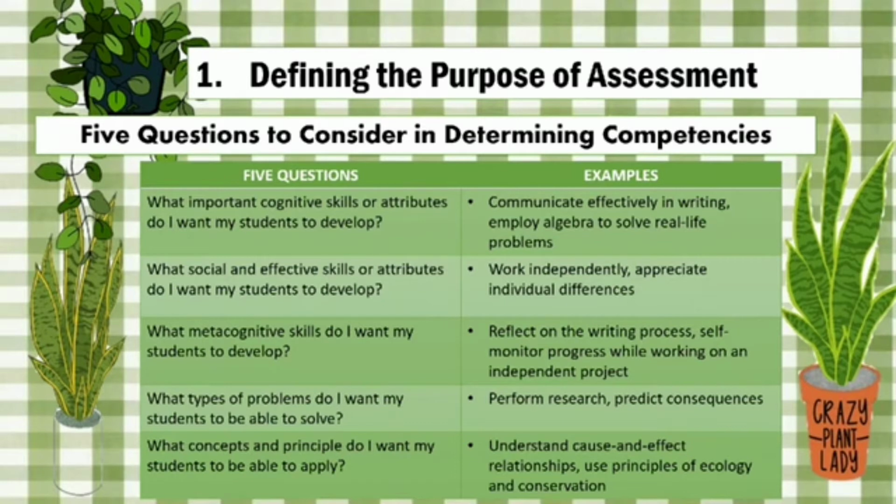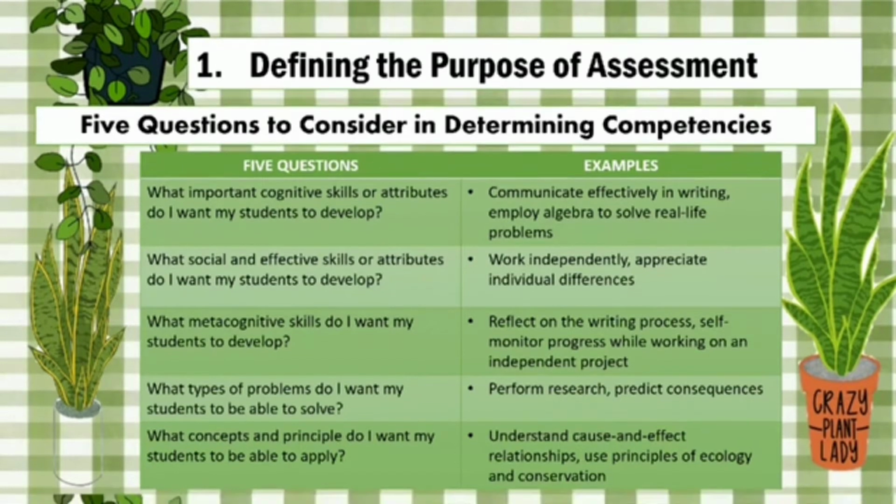Number 4, what types of problems do I want my students to be able to solve? Example: perform research, predict consequences. Number 5, what concepts and principles do I want my students to be able to apply? An example: understand cause and effect relationships, use principles of ecology and conservation.